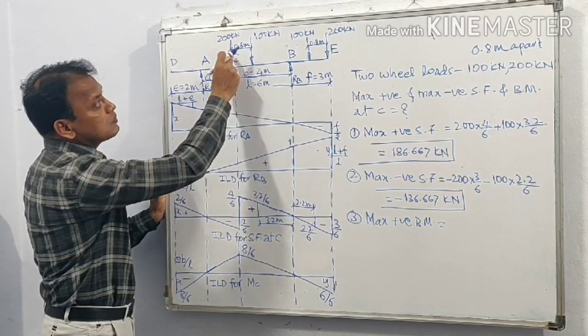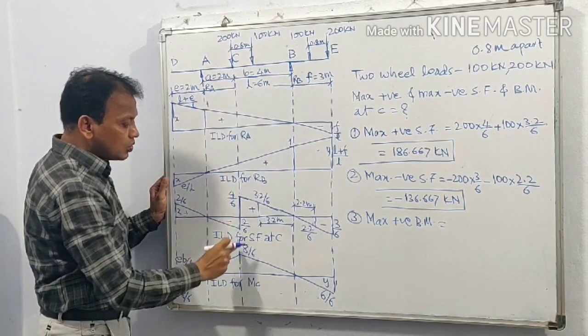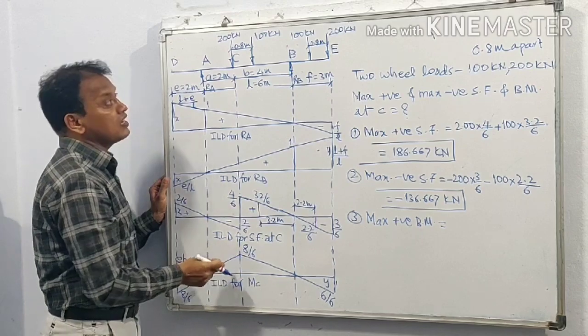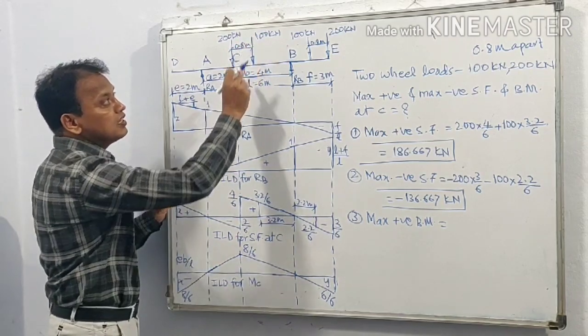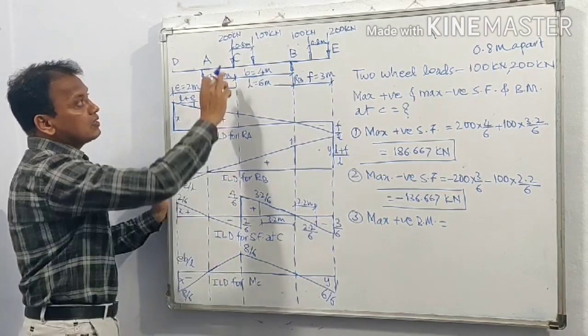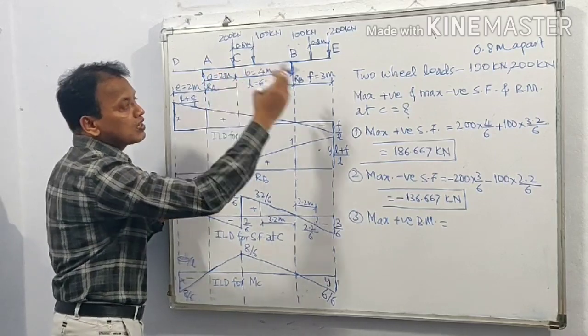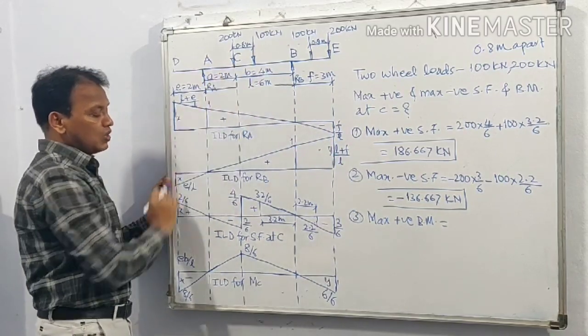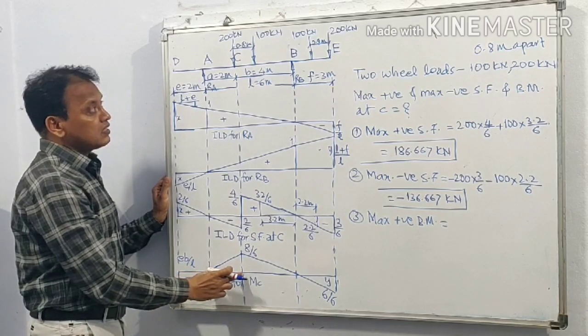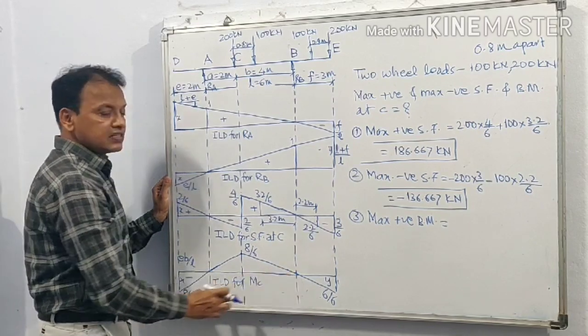If the load is applied in this manner, then this 200 kilonewton will get multiplied by the larger ordinate, that is 8 upon 6. Now this 100 kilonewton load, should it be on the right hand side of C or on the left hand side of C? This is smaller distance, this is larger distance.